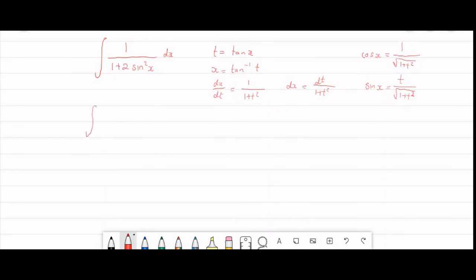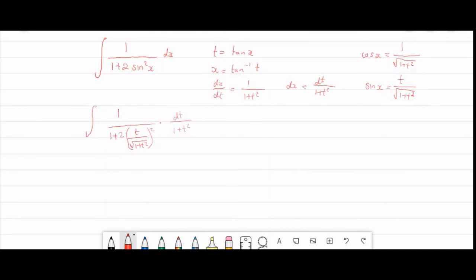So let's say an integral 1 over 1 plus 2. So where I see sine, I will put t over a square root of 1 plus t squared, all squared. Where I see dx, I'll put dt over 1 plus t squared.